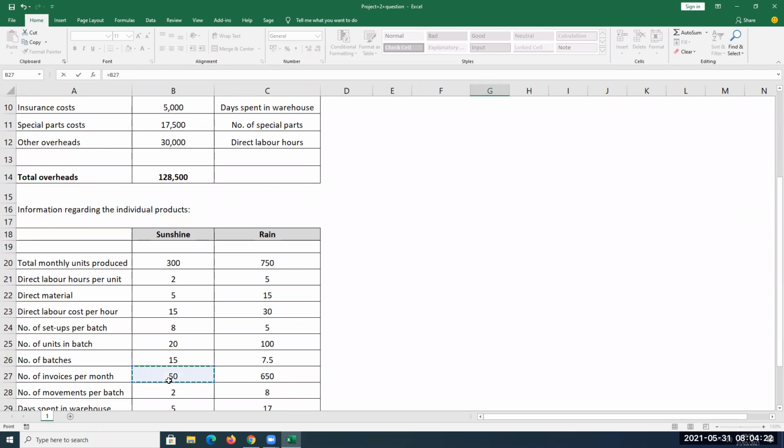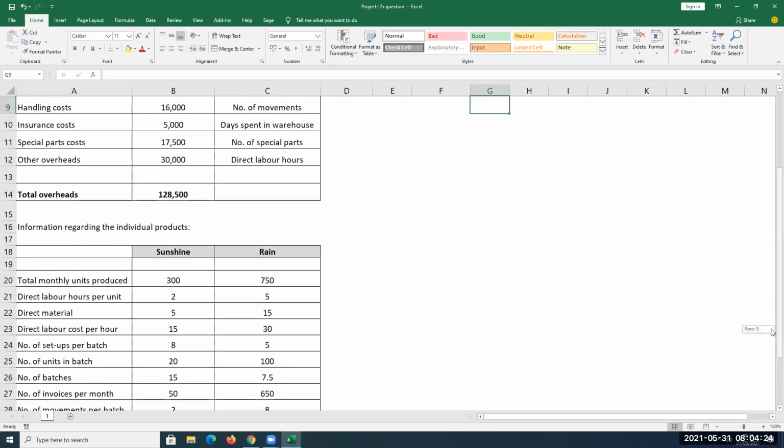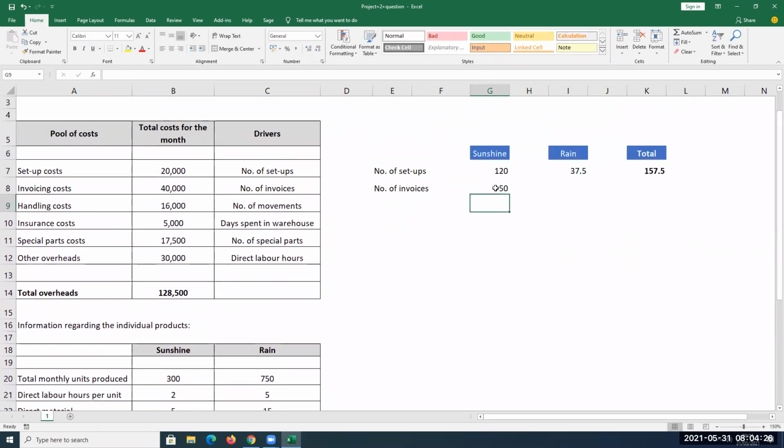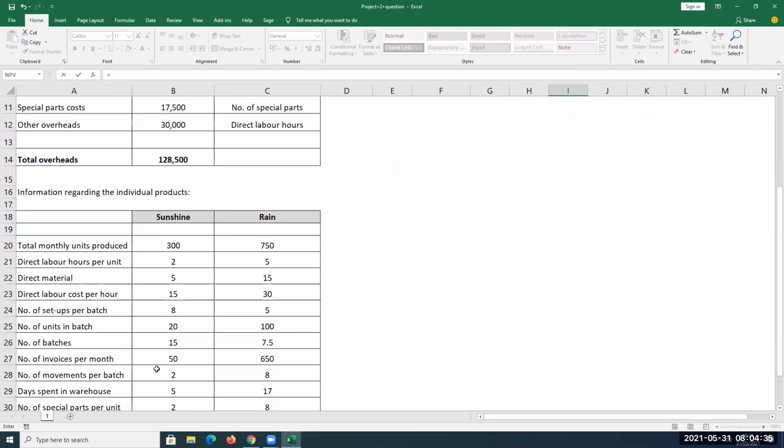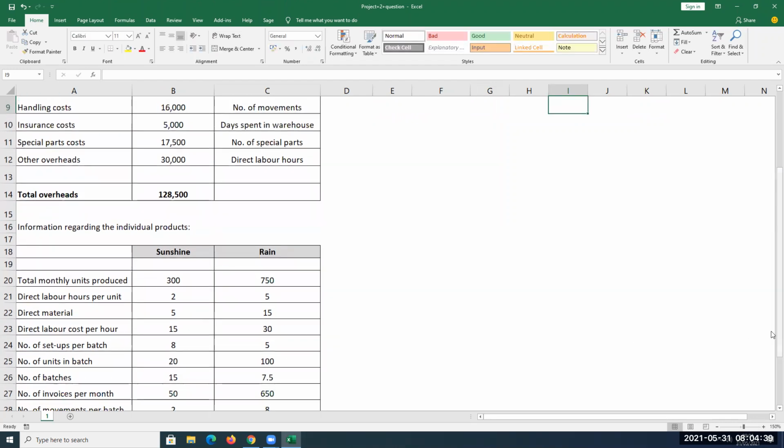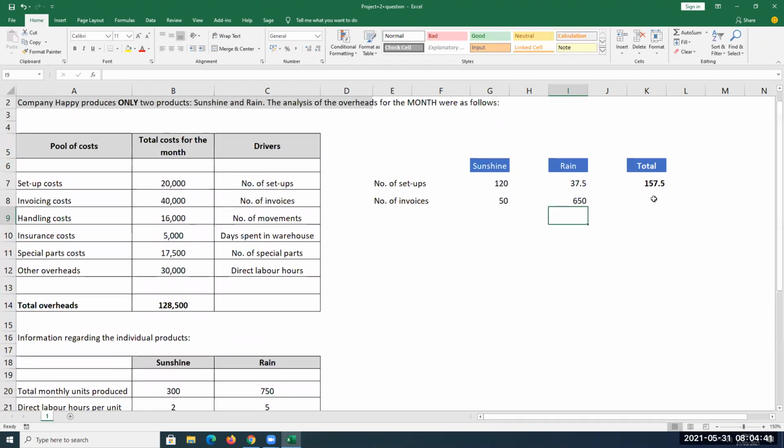It will appear in my table, 50 invoices. And for Rain, number of invoices per month, 650. So it's there, 650. For the total, just drag it, and the total will be calculated automatically. So 700 are the total invoices.